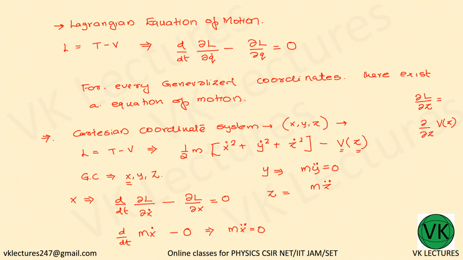So the equation goes like this: d by dt of dou L by dou z dot minus dou L by dou z, so it becomes plus dou by dou z of V of z.